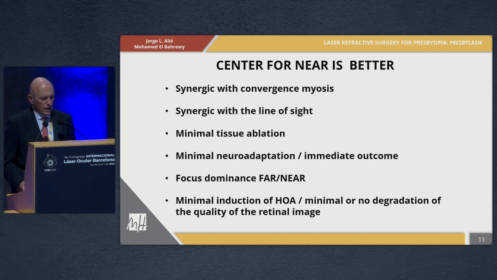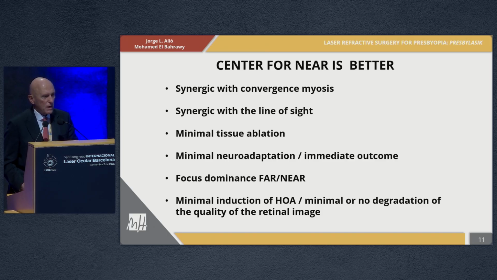Where before there was convergence miosis, it requires minimum tissue ablation because with the dilated pupil we use the peripheral cornea, which is for long sight. In normal conditions there is dominance of light for far, and when there is low light, it's for far, but with low luminosity for near.